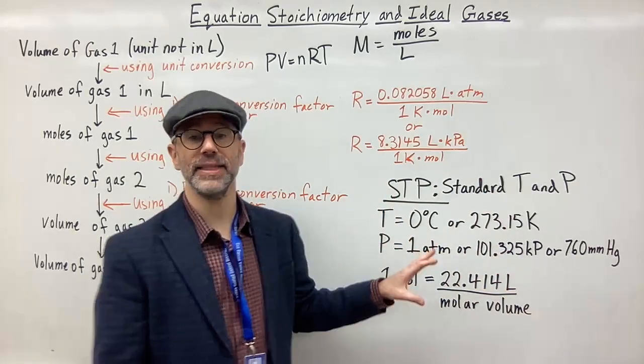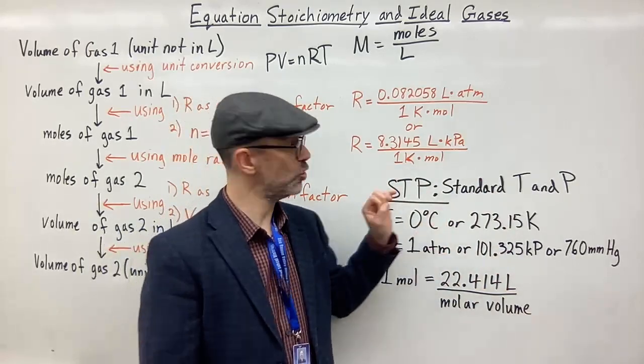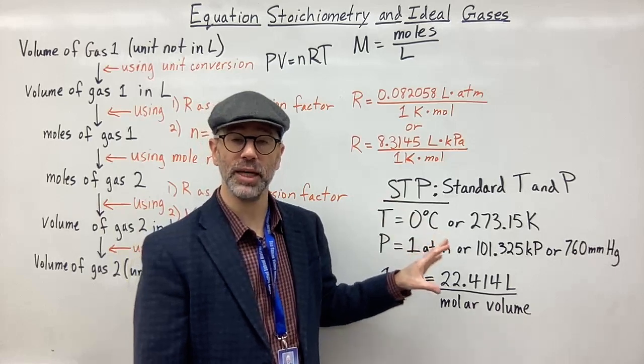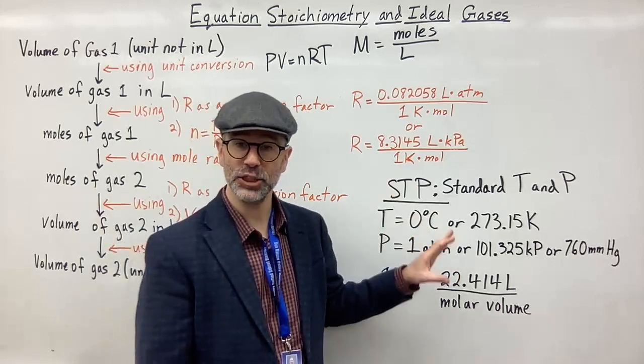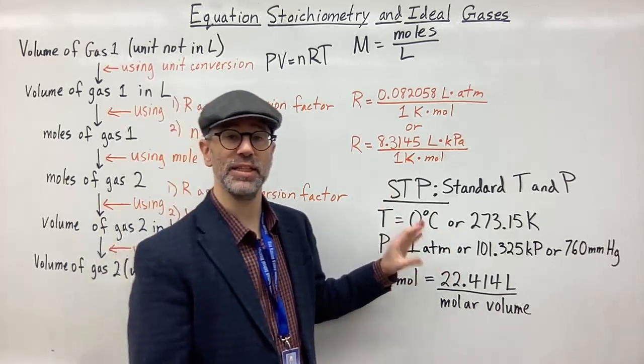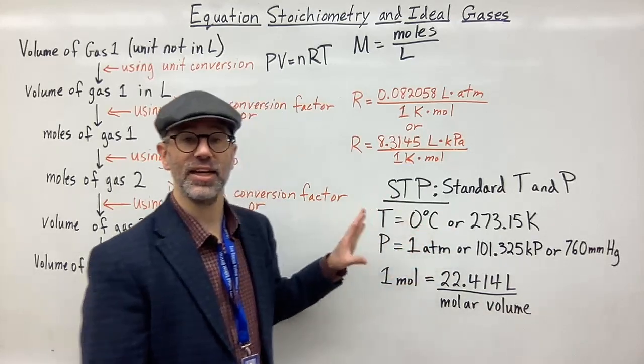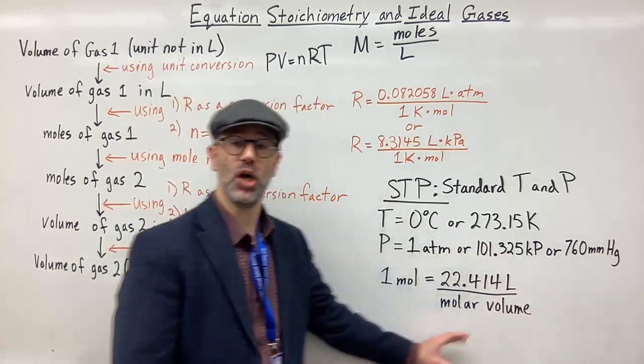So you want to pay attention to whether or not the gas you are given is under standard conditions. If the gas you are given is under standard conditions, then you can use what is called the molar volume.